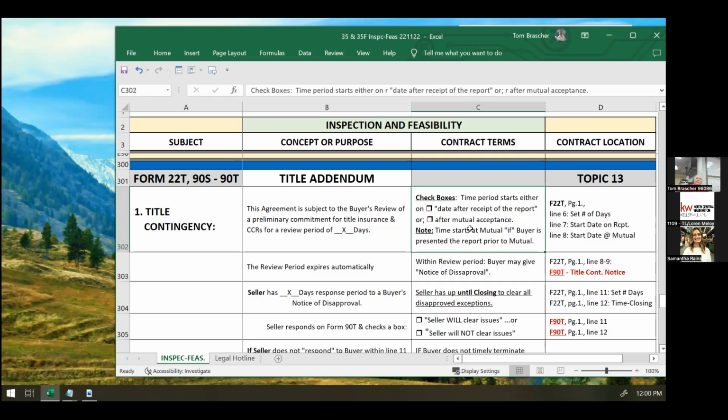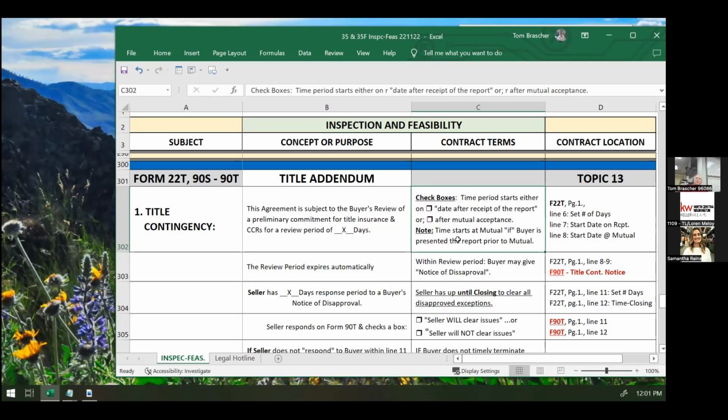If it is documented that it's delivered to the buyer before mutual, then this addendum states that it'll start upon mutual, the days start counting no matter what box is checked.